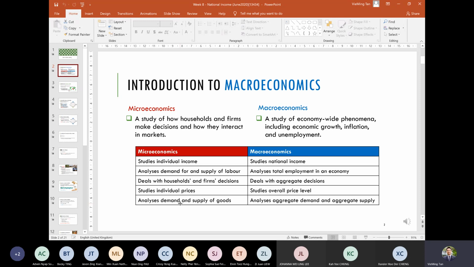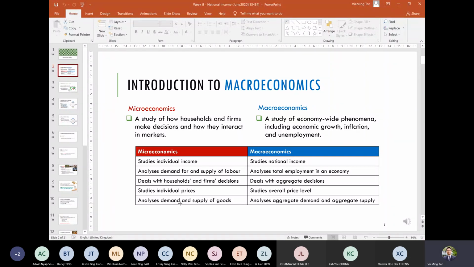So in short, microeconomics focuses on the behavior of individual households and firms, whereas macroeconomics studies the entire phenomenon of the whole country's economy. Any questions so far?